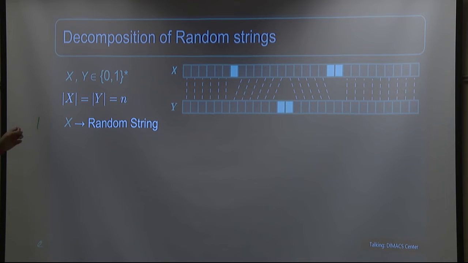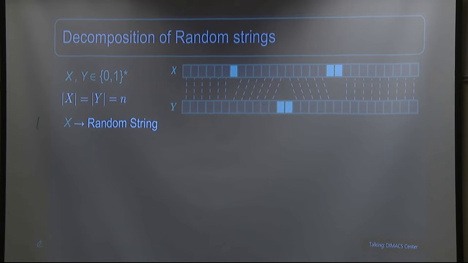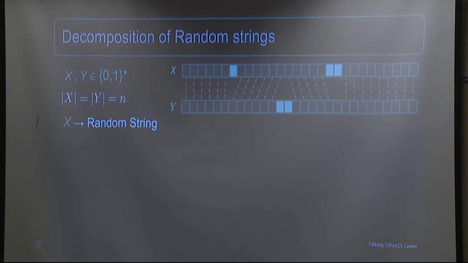That means for every position you flip a coin. And Y is some string which has edit distance k from X. Again you have this alignment and the edit operations. These are just for illustrative purposes. You don't have them.